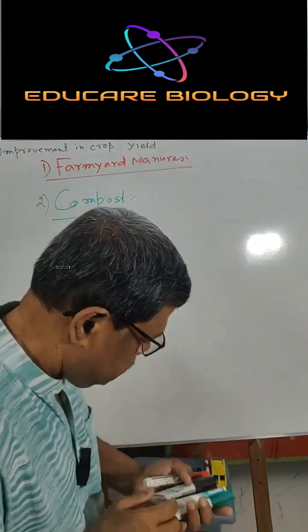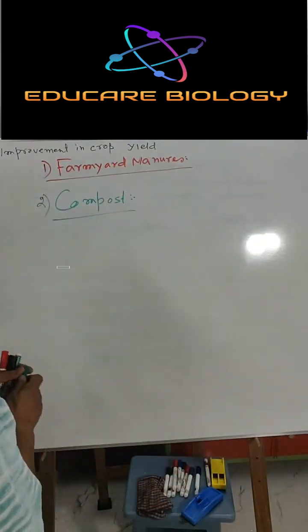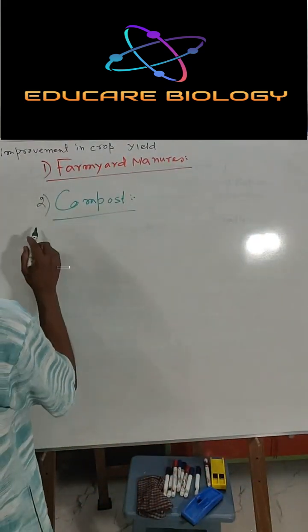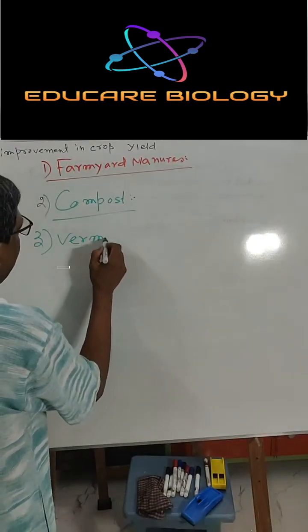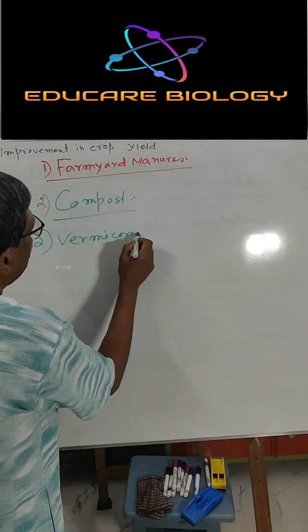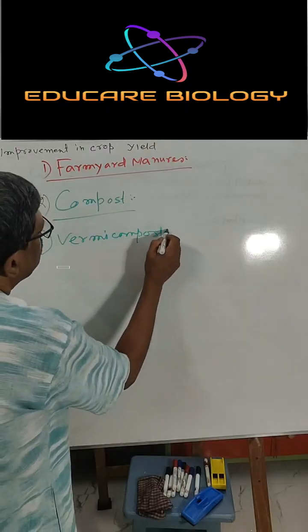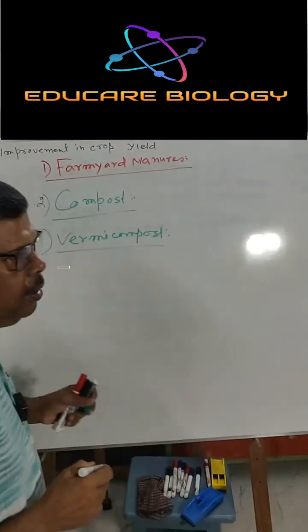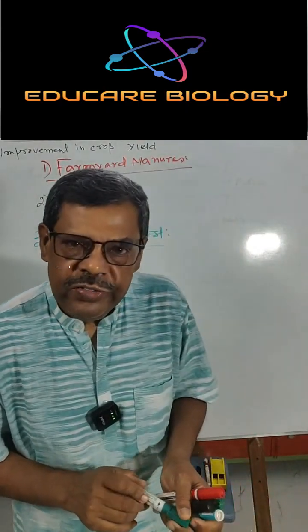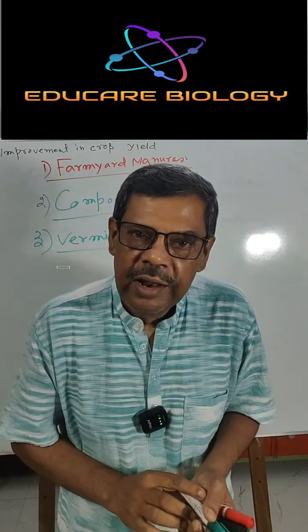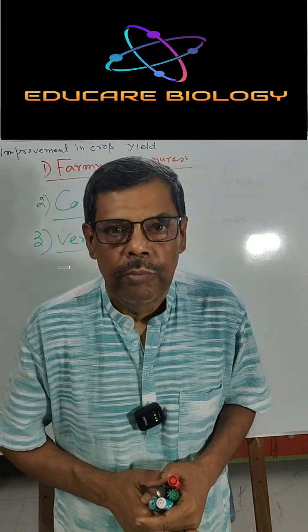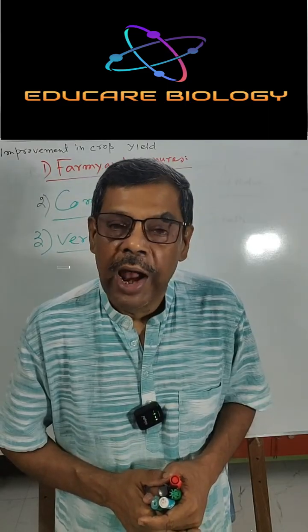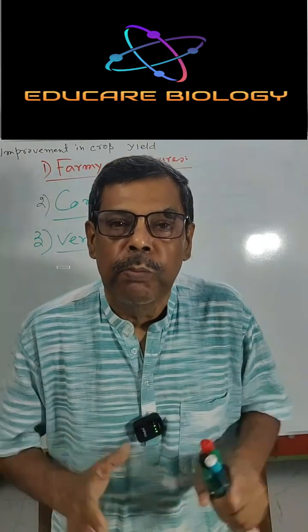Next, number 3, vermicompost. Wastes are decomposed by the earthworm and vermicompost is produced.